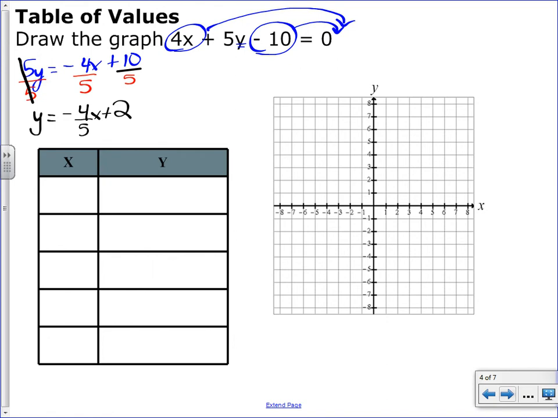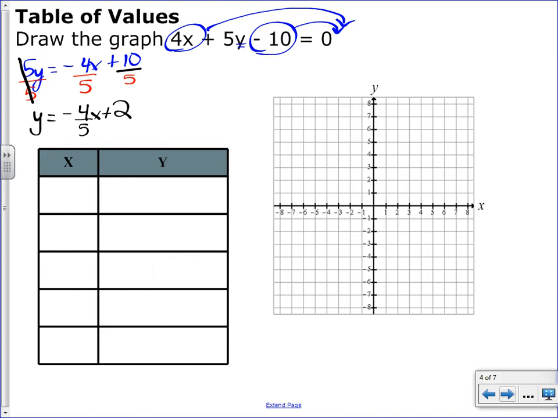I have 4 over 5 times 1 plus 2. 1 times 4 over 5 gives me 4 over 5 plus 2. I would have to change this into a fraction. So it would be 4 over 5 plus 10 over 5. So I'm left with 14 over 5.